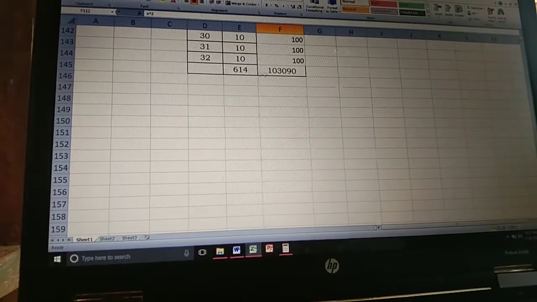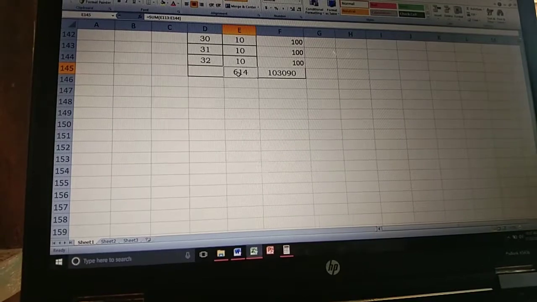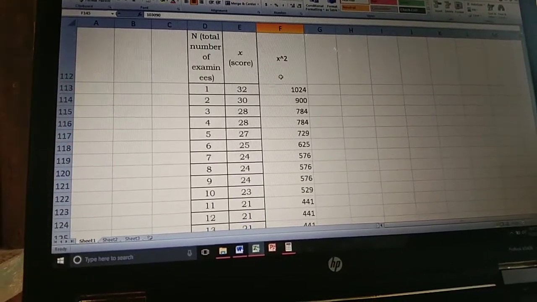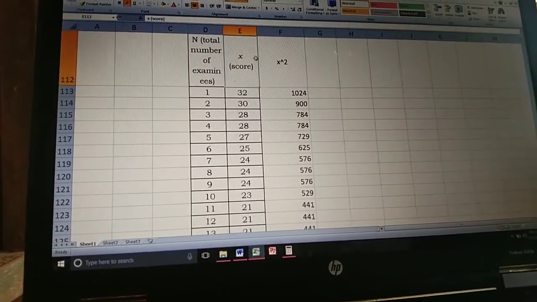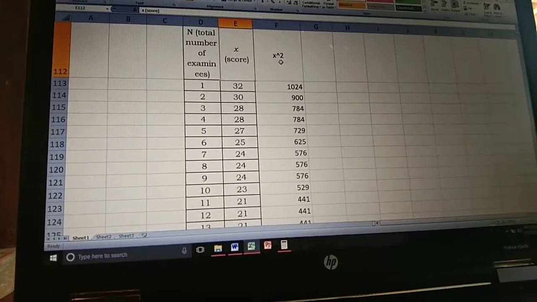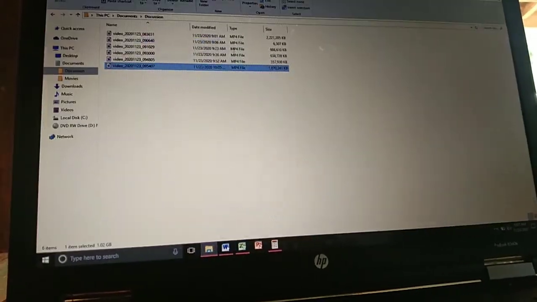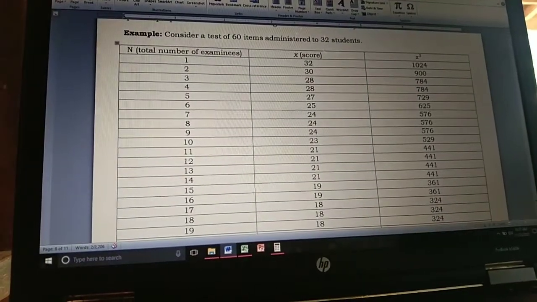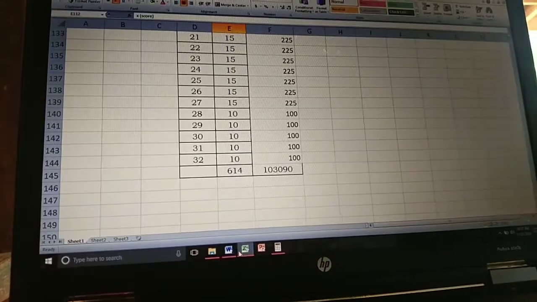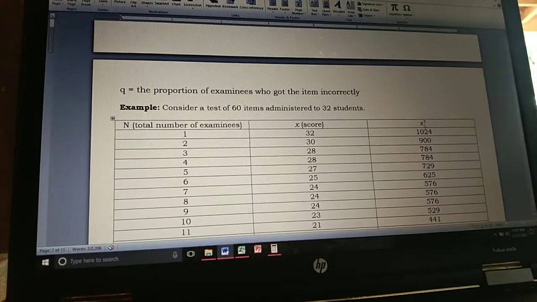So ito yung summation ng mga scores ng 32 students, at ito rin yung summation ng x squared, or score ng mga 32 students, ni-raise siya into the power of 2. Okay. Meron na tayong data about the x squared.